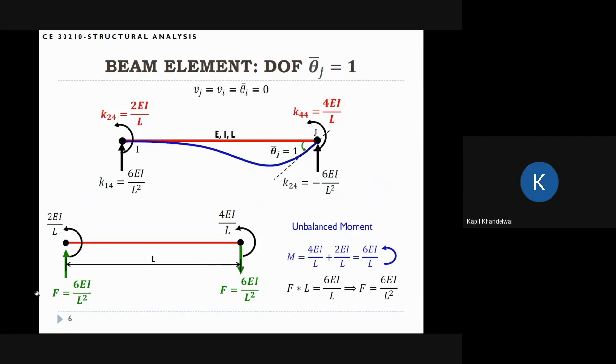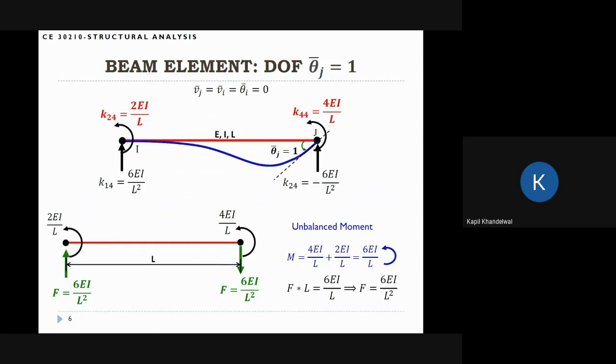And so this force again comes from the moment balance of this system. And we can see the direction here. So this side, the force is up. So K14 is 6EI by L square, and K24 is minus 6EI by L square. Okay. So these are the 4 entries that go into the last column of the stiffness matrix.